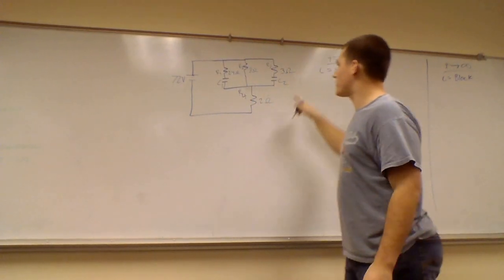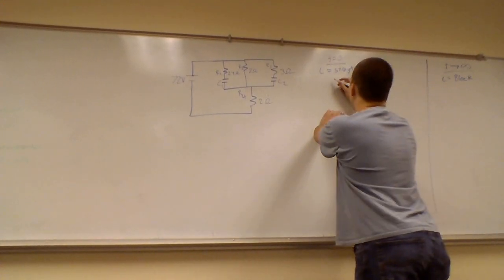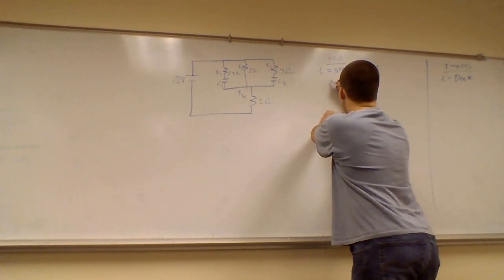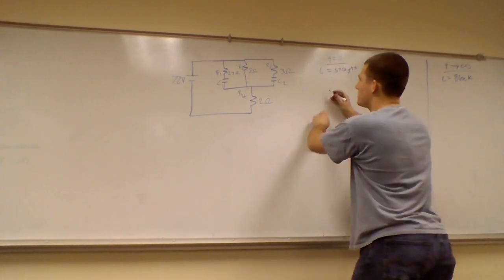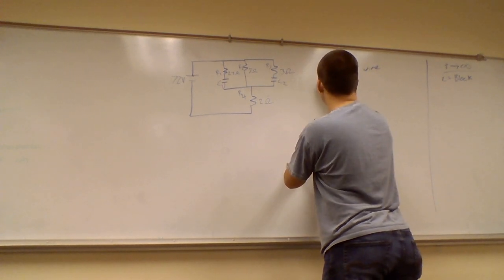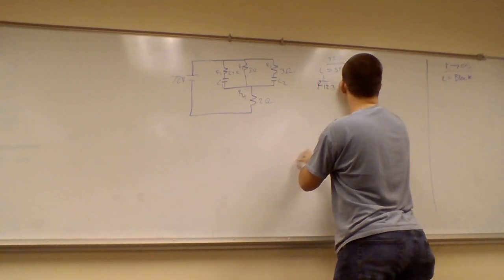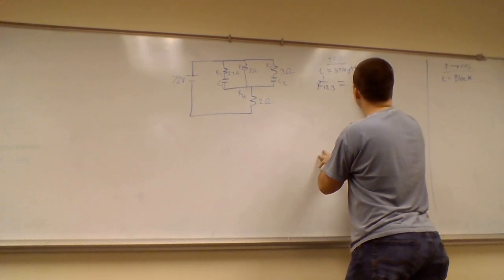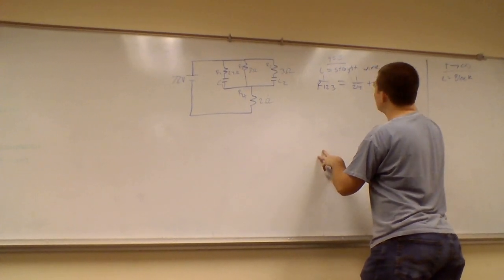So the first one you use all of them, and the second one you'll just use 2 of them. So right now, for t equals 0, the total current coming out, we'll have to do all of them in parallel here, 1, 2, and 3. So the equivalent of R1, 2, 3: 1 over R1,2,3 equals 1 over 24, plus 1 over 8, plus 1 over 3.